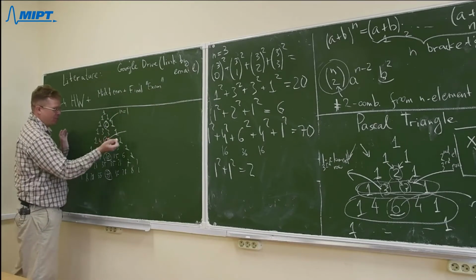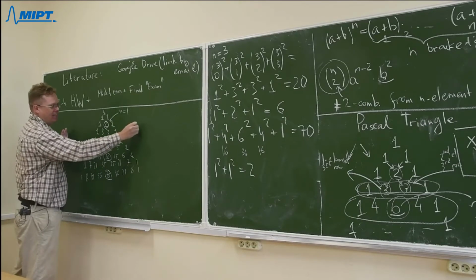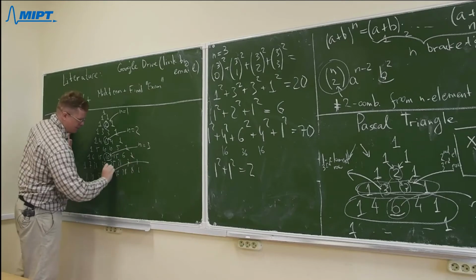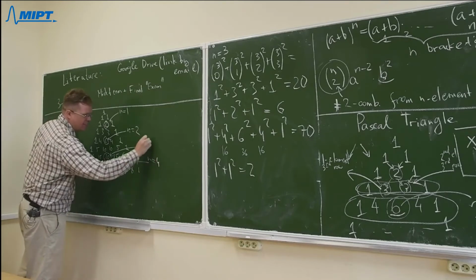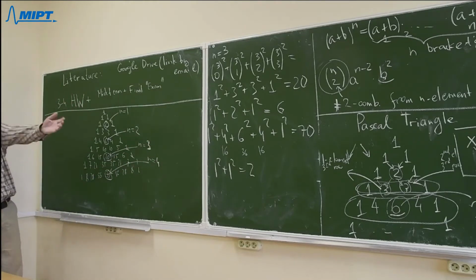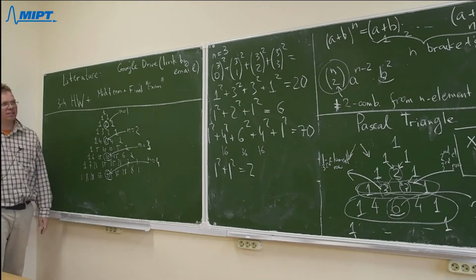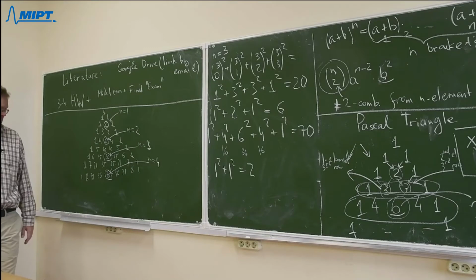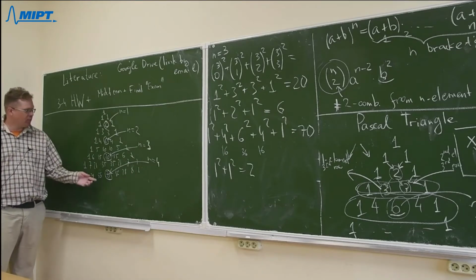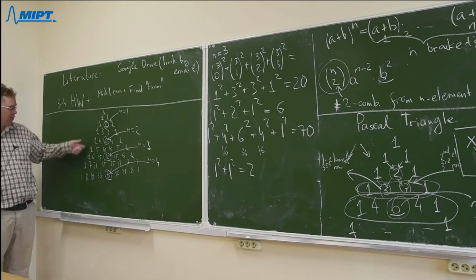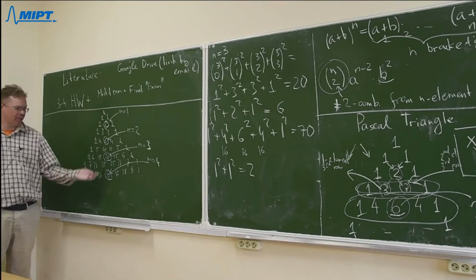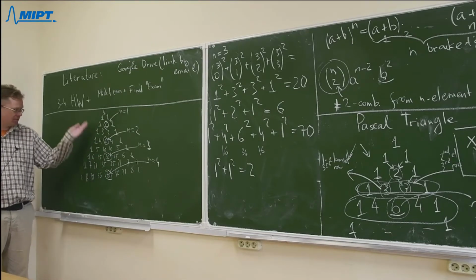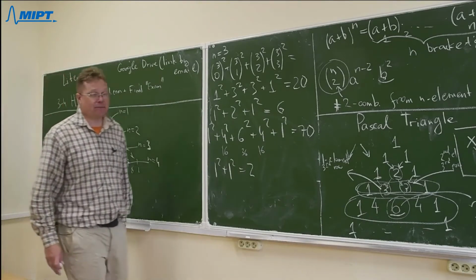So n equal to 2. For n equal to 3, it will be here. So we just need to find the function of n here. We need to find the number of the row and the number of elements in this row for each of these. So I don't think it's very hard.